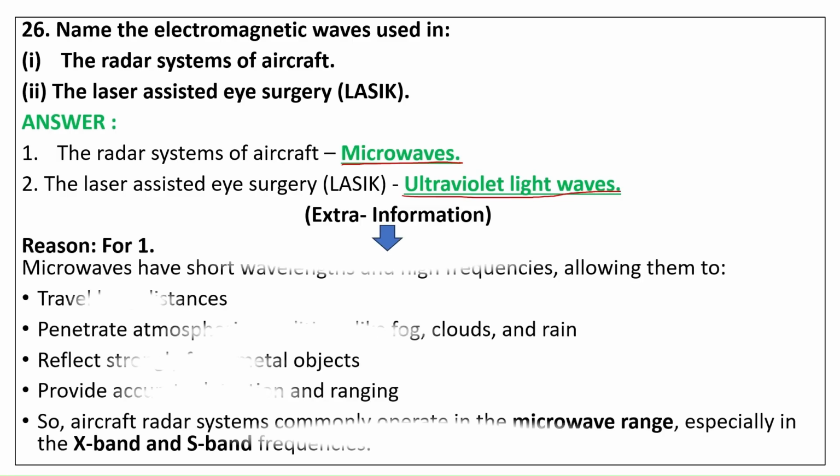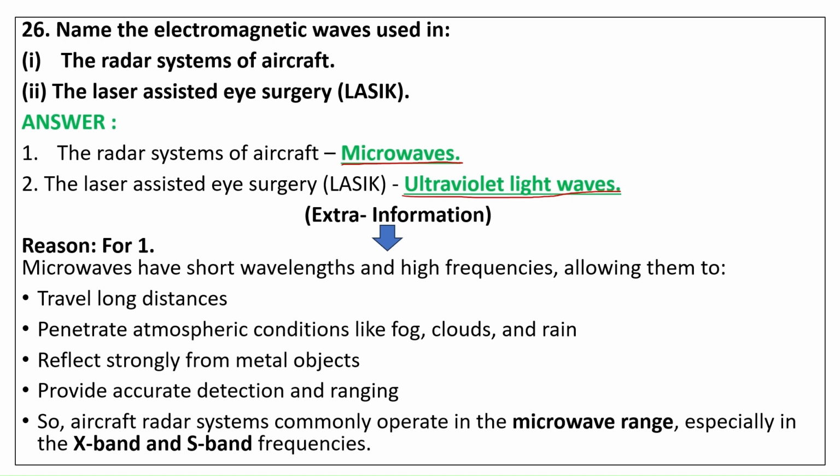Because 1. Microwaves have short wavelengths and high frequencies, allowing them to travel long distances, penetrate atmospheric conditions like fog, clouds, and rain, reflect strongly from metal objects, and provide accurate detection and ranging. So, aircraft radar systems commonly operate in the microwave range, especially in the X-band and S-band frequencies.